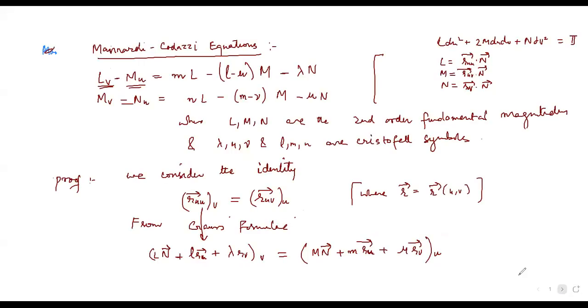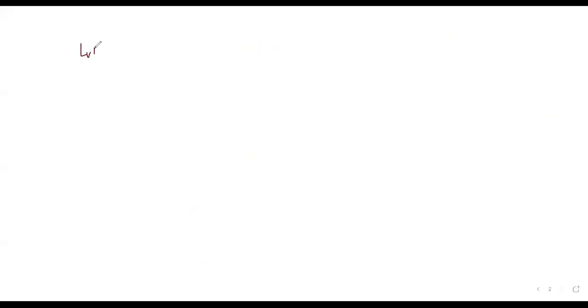So when you differentiate both sides, on the left hand side you are differentiating with respect to v, so you just apply the sum and product rule of differentiation. So you will get L_v N plus l L_v R_u plus lambda_v R_v. Then plus L N_v plus l R_uv plus lambda R_vv.